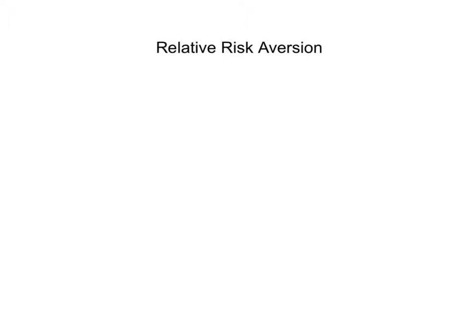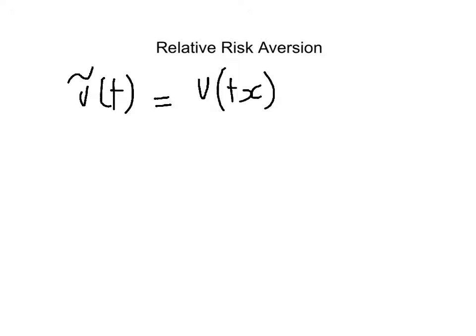So this is the idea of relative risk aversion, which is the following. We could define a utility function, which is defined over t, which is a percentage of wealth, and this is simply the utility function of this percentage of wealth times the wealth. So the absolute amount.